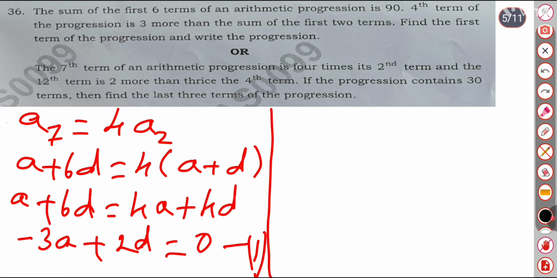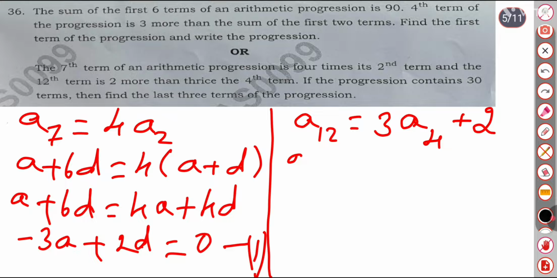Again, second equation: the 12th term is 2 more than thrice the fourth term. So the 12th term A12 is equal to 2 more than thrice the fourth term, which means 3 times A4. If we solve this, A plus 11D is equal to 3 into A plus 3D, plus 2.